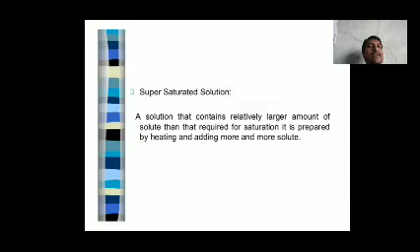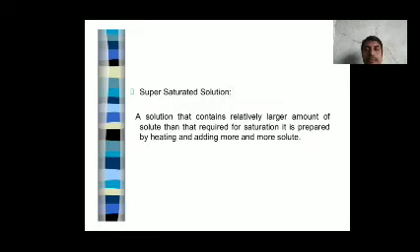It is prepared by heating and adding more and more solute.